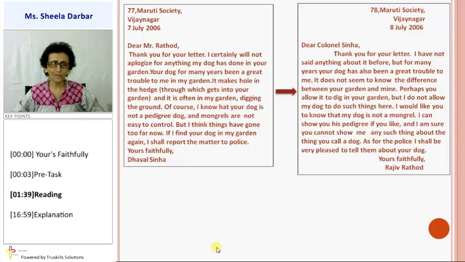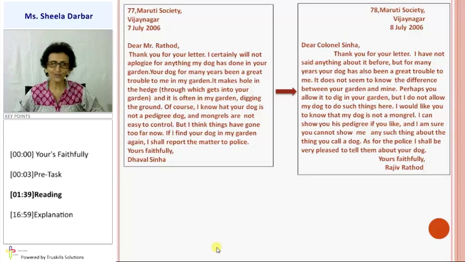Many a time those people who keep dogs, now if you say to them, tere kutte ko dur rakh, they get angry. They'll say, uska naam hai, call him by name, don't call him kutta. So see, you can't call a dog a dog.